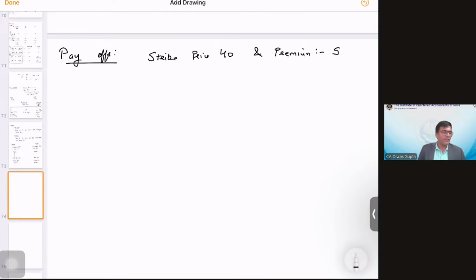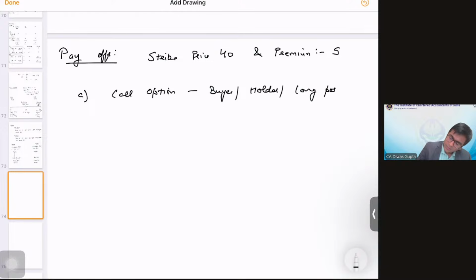And we are talking about the first case as a call option, where the buyer, the holder, has a long position, or we can also say they are long in the call.